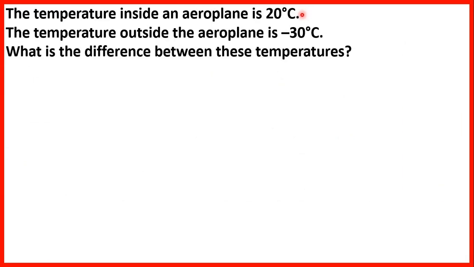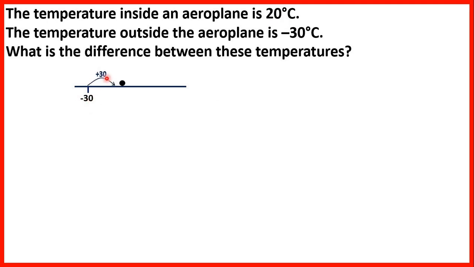The temperature inside an aeroplane is 20 degrees. The temperature outside the aeroplane is minus 30 degrees. What is the difference between these temperatures? So we need to find the difference between minus 30 and 20. So on a number line, we can start at minus 30.